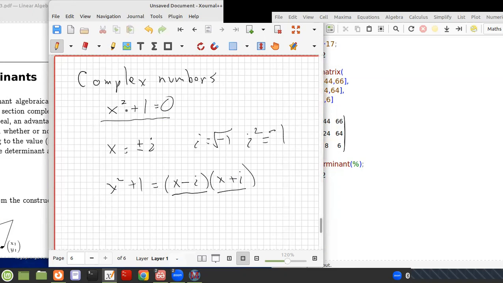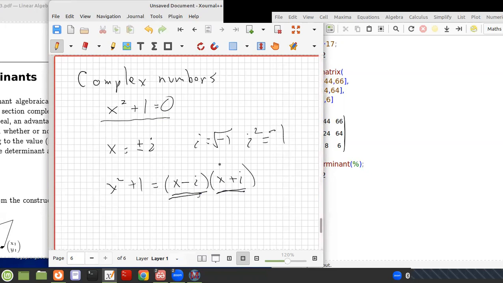So I take any polynomial, and if I allow myself to use the complex numbers, the only thing I need is to have it factor like this. Now, it turns out that if I take any polynomial and try to factor it, I'm going to get linear terms with real numbers. And if I get a complex term, I'm going to get one like plus i and one like minus i.